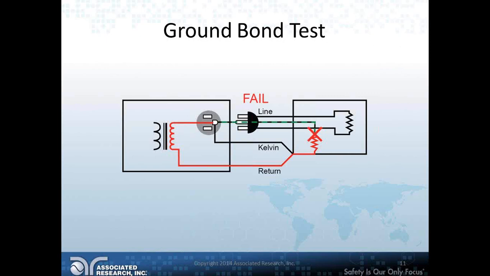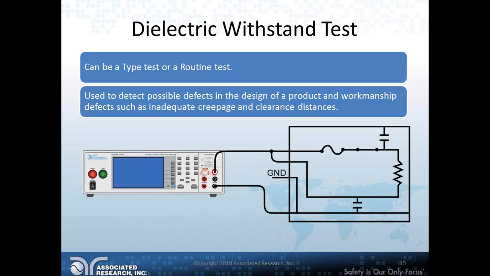The high-pot test is used to detect possible defects in the design of a product and workmanship defects, such as inadequate creepage or clearance distances. So it can give the user a lot of good information.